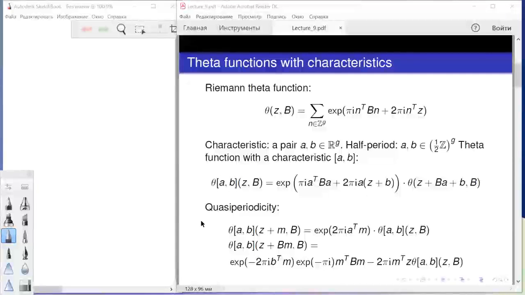It's like this. It's no more invariant under shifts by the lattice of A periods.